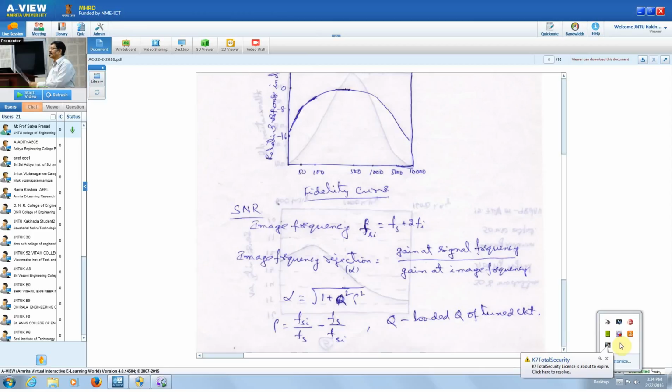So this value is given as Fsi by Fs, that is image frequency by the signal frequency.